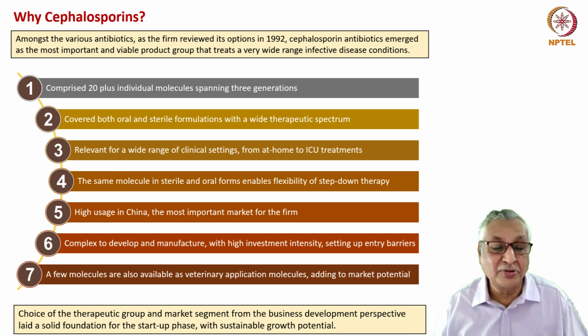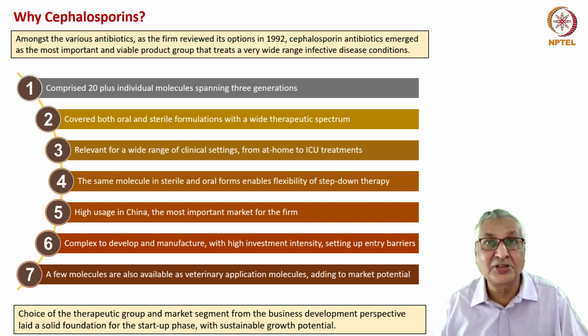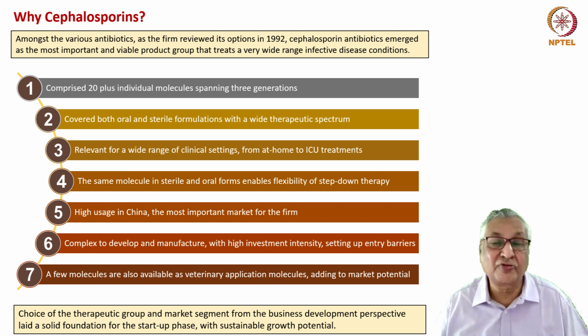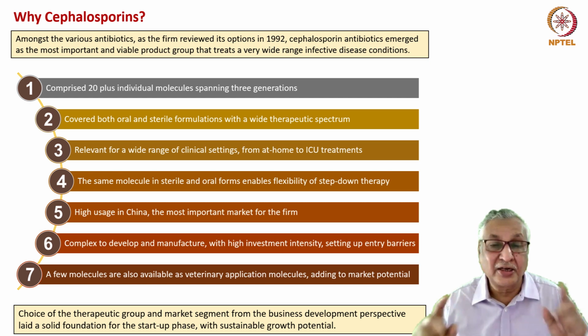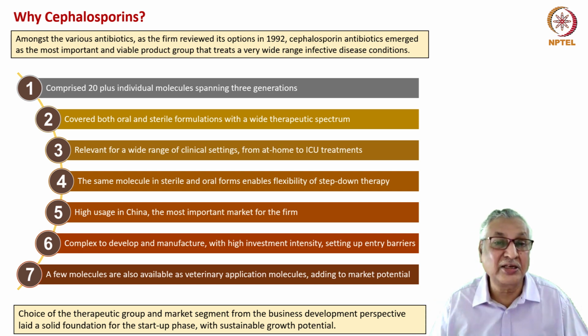Choice of the therapeutic group and the market segment from the business development perspective laid a solid foundation for the startup phase with sustainable growth potential. This algorithm of business strategy, business development, category development, and subcategory development, as well as the ultimate product focus, will drive successful establishment of a company, of a business line, and successful business development.